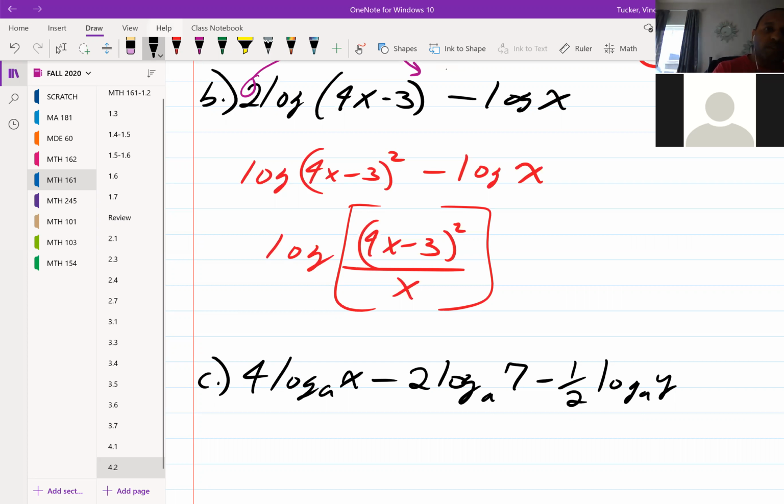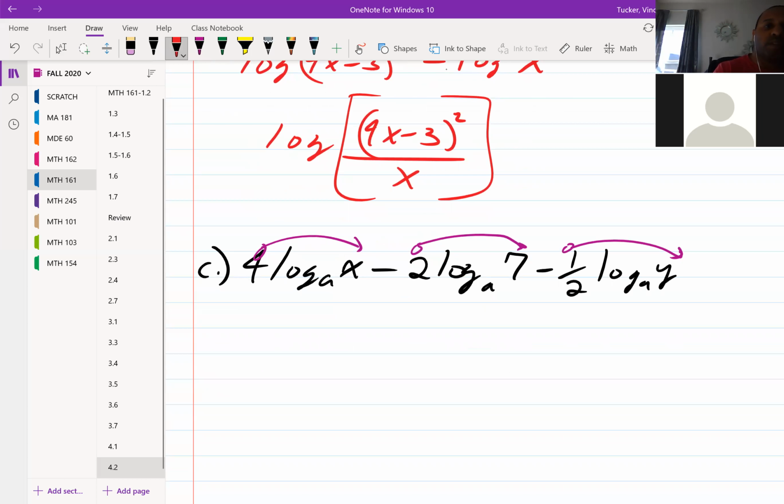All right, so just like before, first thing I would do is look to take each one of my exponents back to where they should be. So it's going to be log base a of x to the 4th minus log base a of 7 squared minus log base a of y to the 1/2.